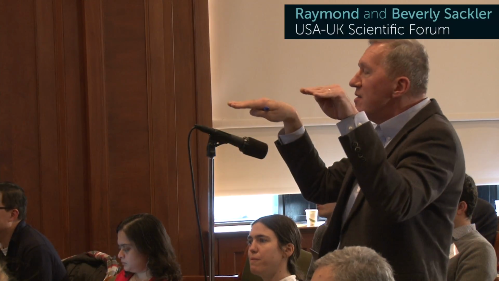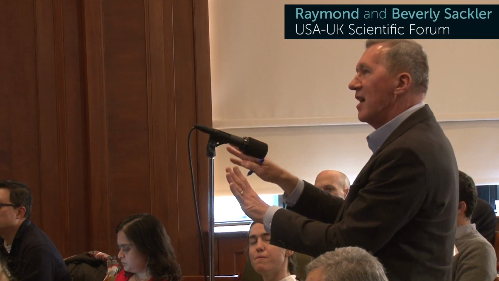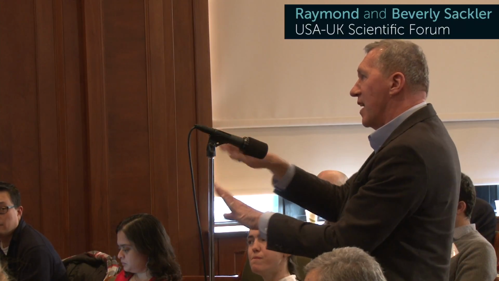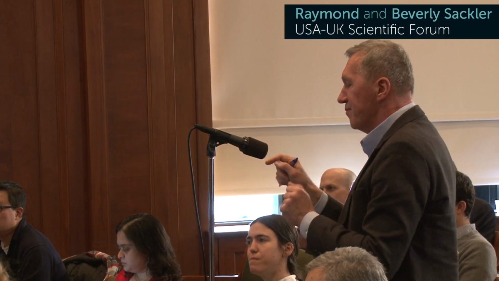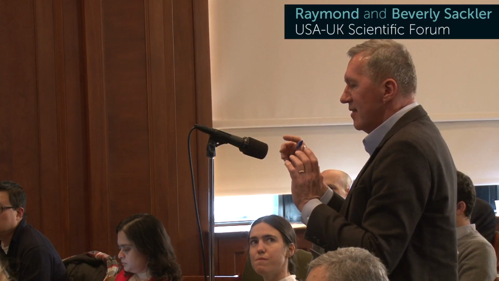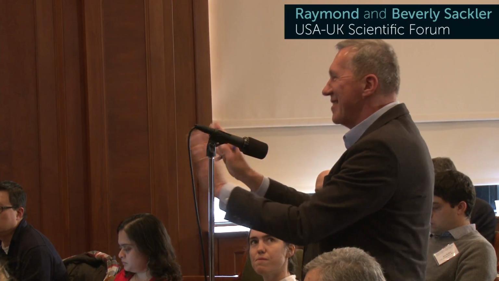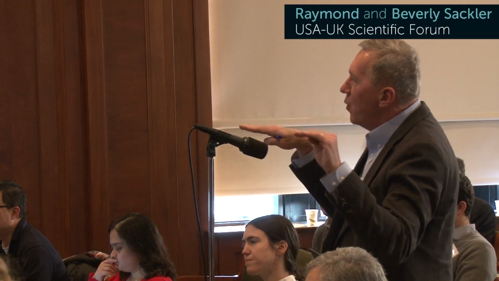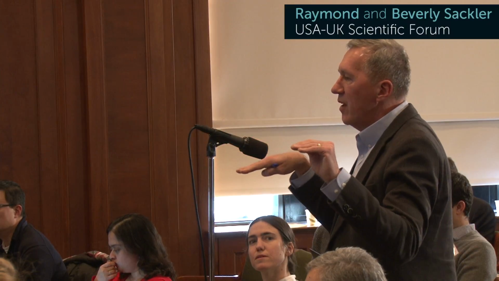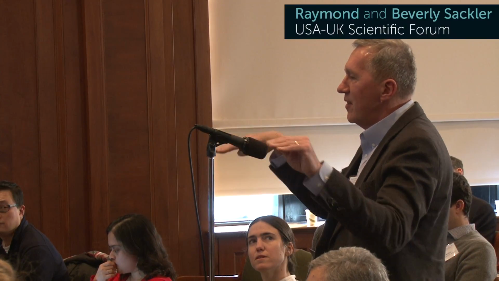Okay, good. So here's my question. I like very much the idea of bringing in stability as a way of avoiding spurious results. My question is more almost methodological and philosophical.